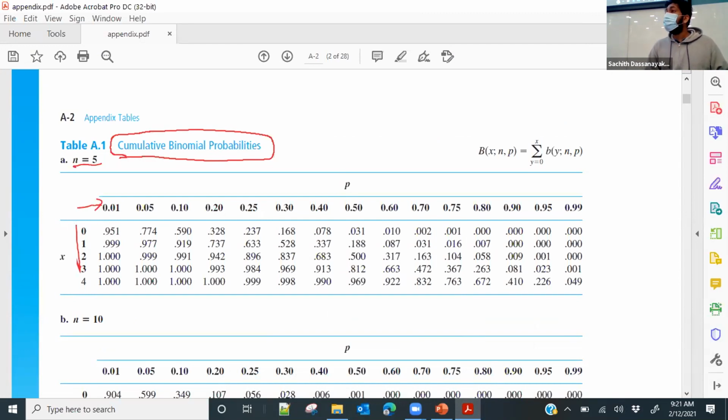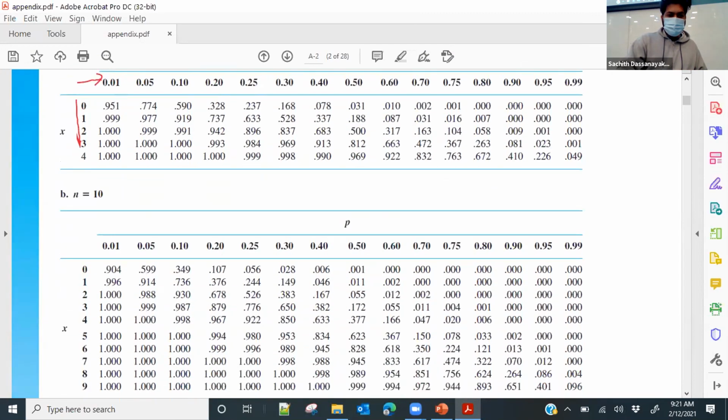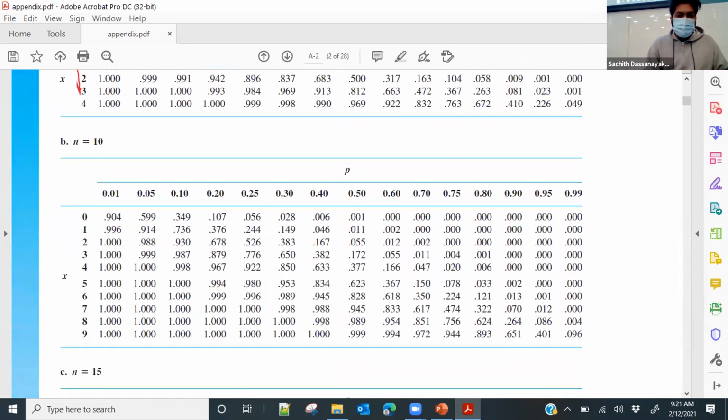So you have to go to n equals 10, this is the table you need to refer. Clear? What do you need to find? 7, right? And the probability is 0.2. So go down and come to this side.